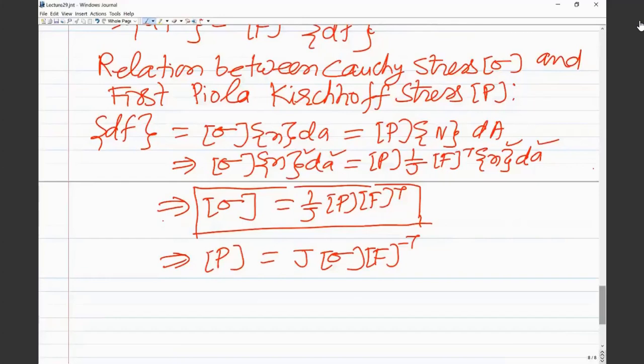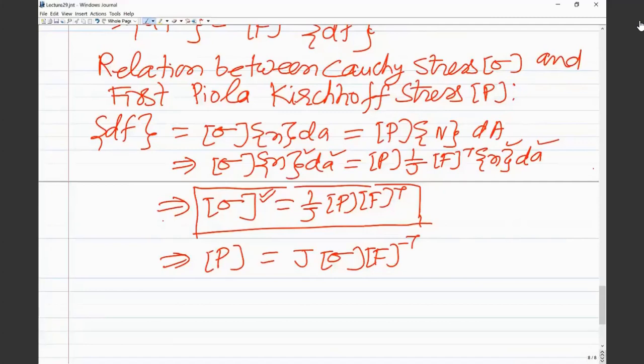So now similarly, let us look at symmetry. For non-polar solids, sigma is a symmetric stress tensor, as you know from your continuum mechanics concepts that sigma ij equals sigma ji. But P equals J into sigma into F inverse transpose, so P will be unsymmetric.